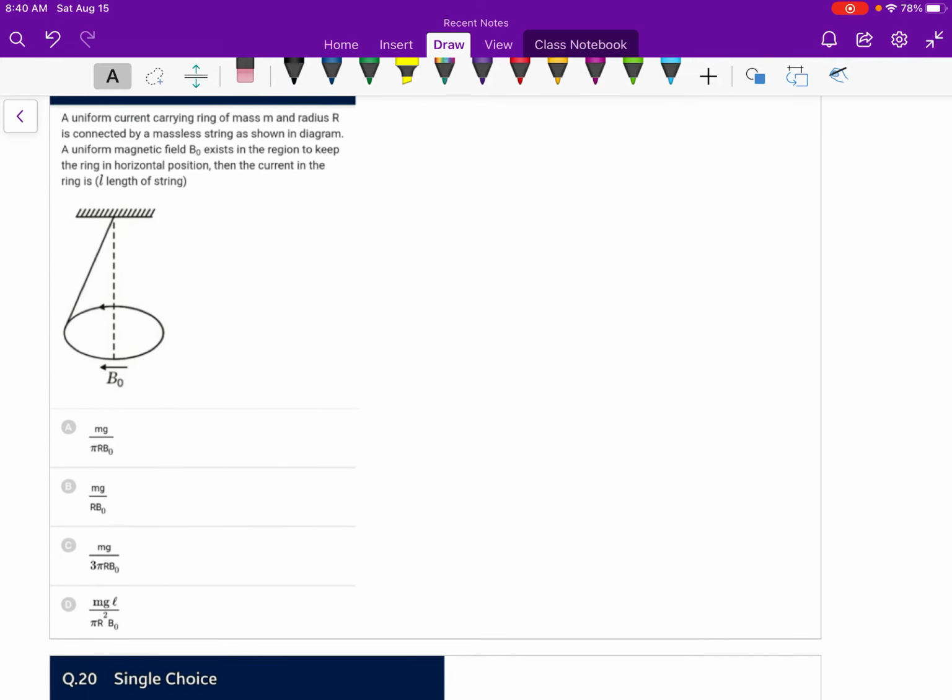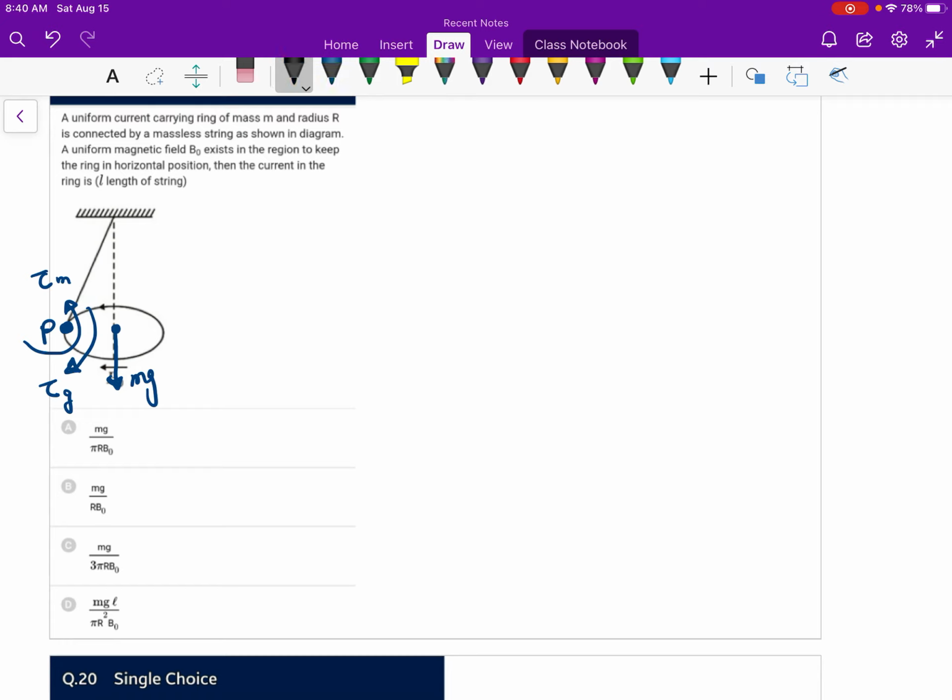The current in the ring is, so the ring is horizontal, that means torque of mg is counterbalanced by torque of magnetic field. Okay, so this should be torque of magnetic field, this is torque of gravity, and both cancel each other about point P where the string is connected to the ring.